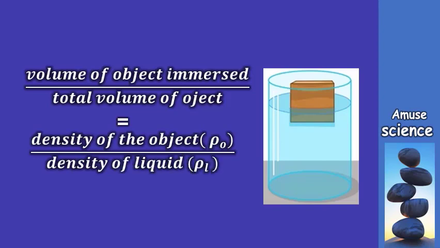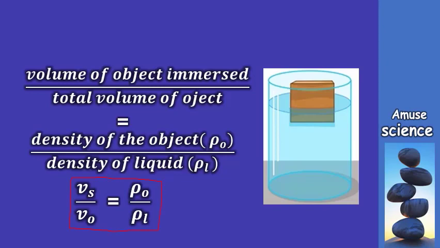So let's write this equation in symbols. We are going to have Vs divided by Vo is equal to rho O divided by rho L. And these two equations are what we need in trying to solve questions under the concept of flotation.